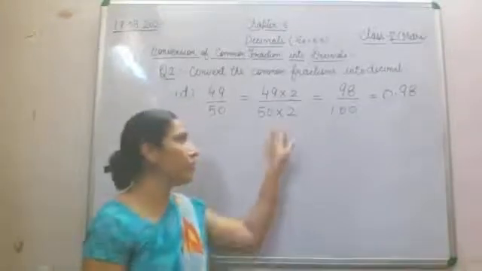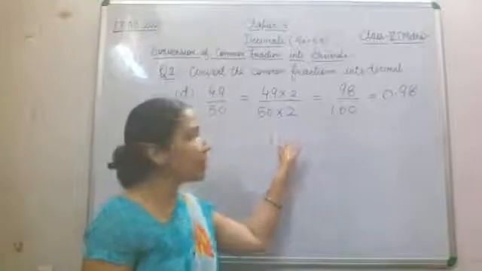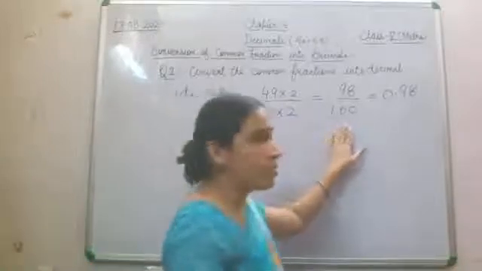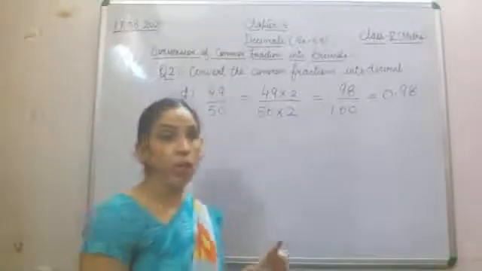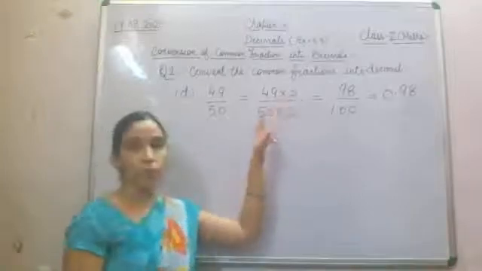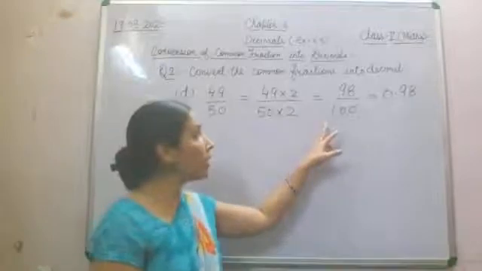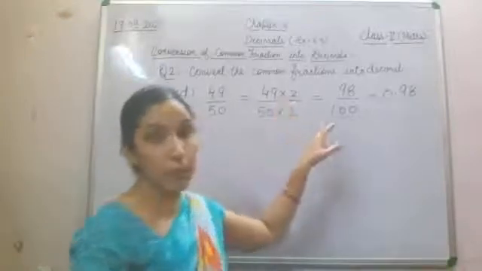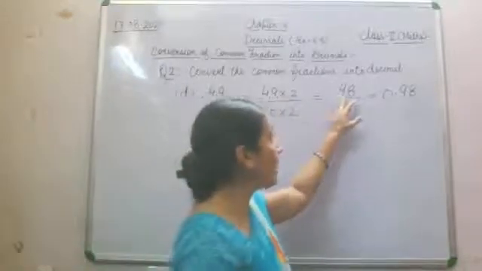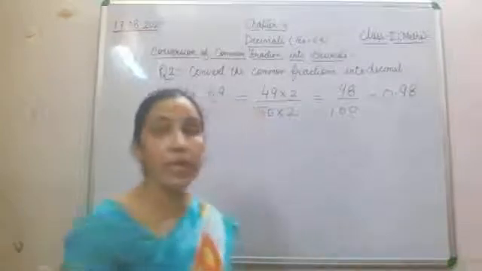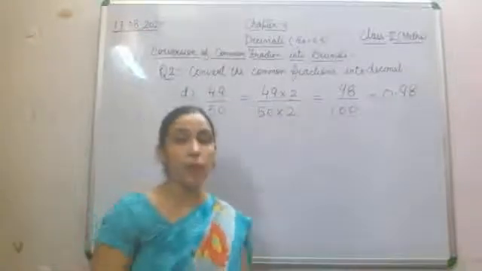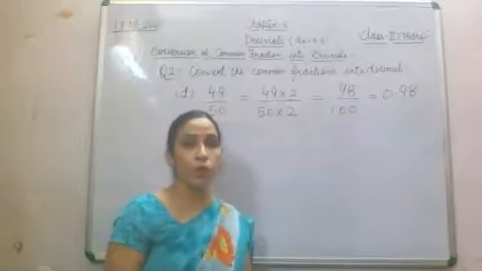So 50 will be multiplied by 2 so that it becomes 100. Similarly, the numerator will also be multiplied by 2. So the denominator becomes 100 and the numerator becomes 98. So the answer will be 98 by 100, which we can write in decimal form, that is 0.98.